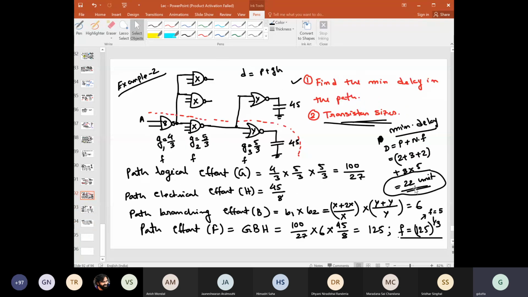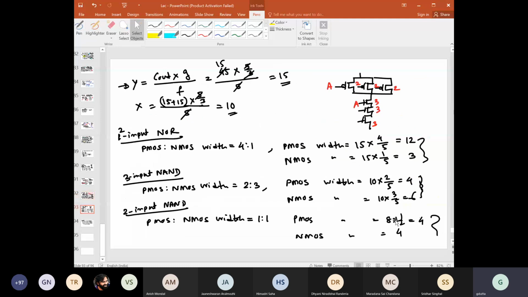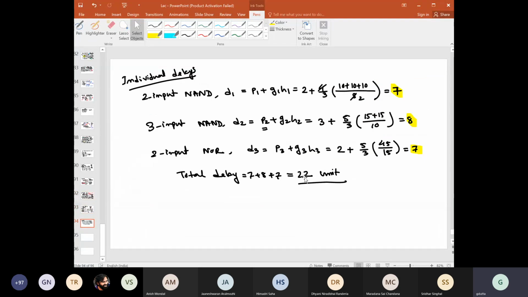And whatever we have estimated using path branching and f equal to GBH, from here we find f and then find this 22 unit. So that is also this 22 unit, right? So this is the other way to do it. Whether we do it in this process or in this process, the results come out to be more or less the same.